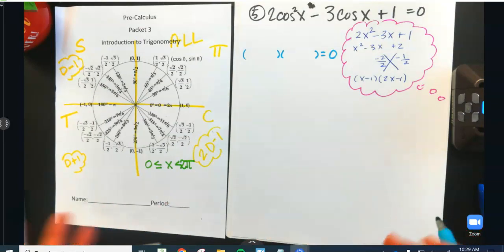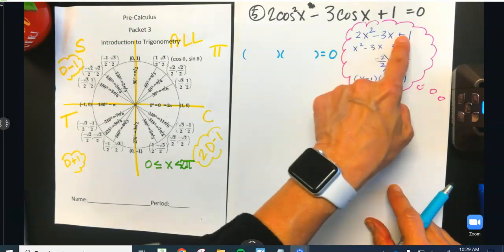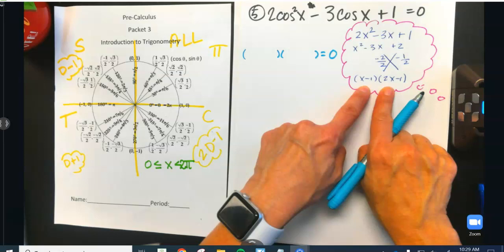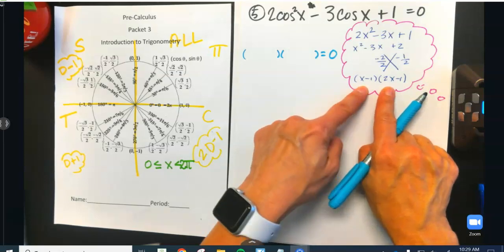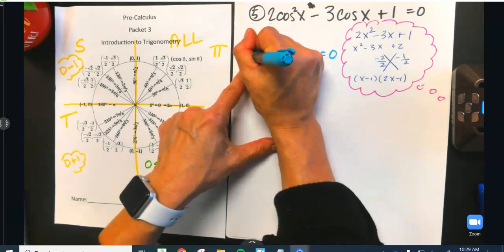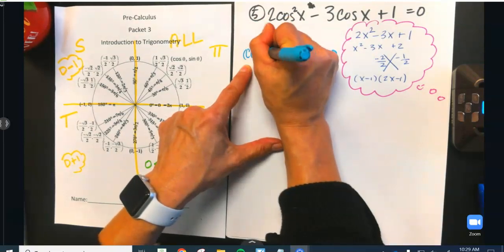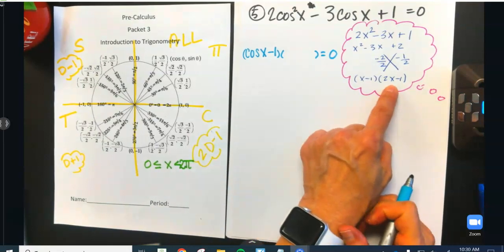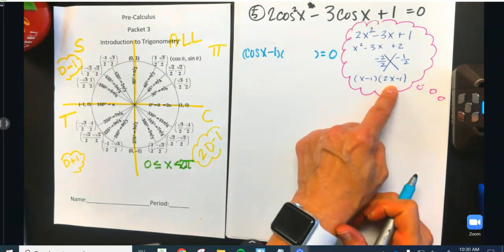All right, so look, when I factored this little baby algebra 1 trinomial, I got these factors. Y'all, it's going to be the same thing. We're just going to put cosine with it. So our first factor is going to be cosine x minus 1. My other factor is going to be 2 cosine x minus 1.